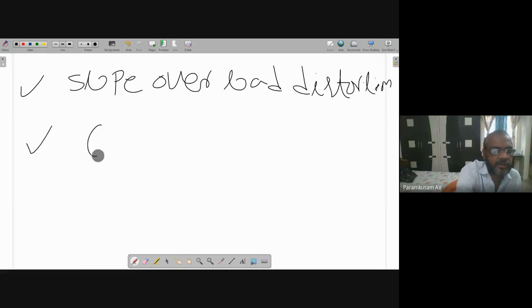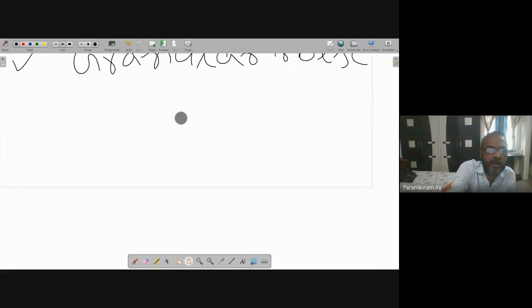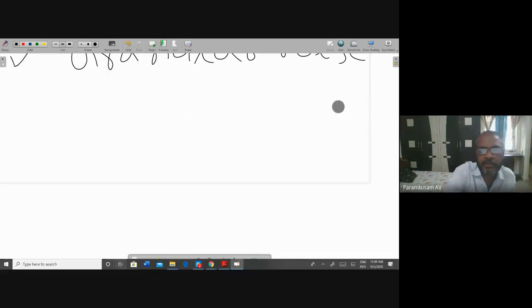Next, granular noise. We note down these are the two limitations of the delta modulation. Here I will explain about first limitation, that is slope overload.